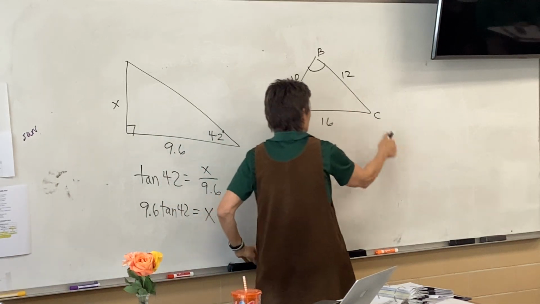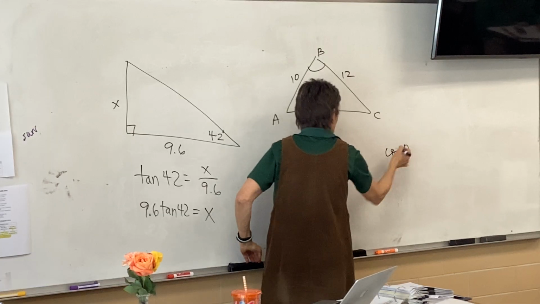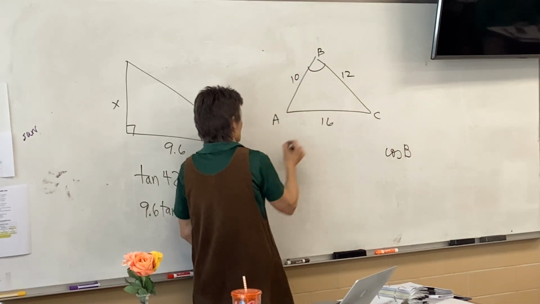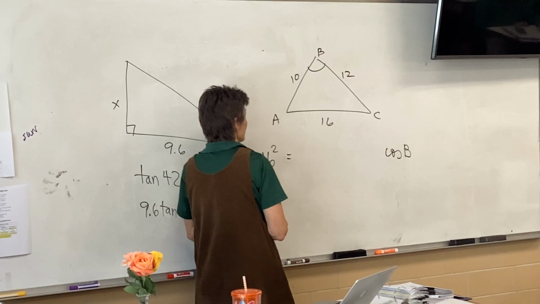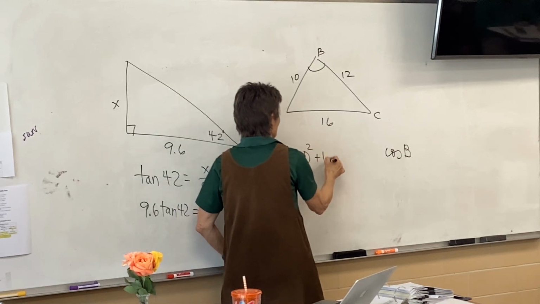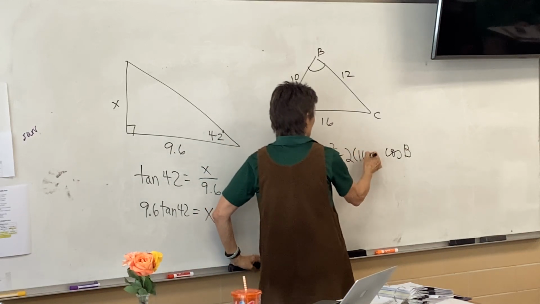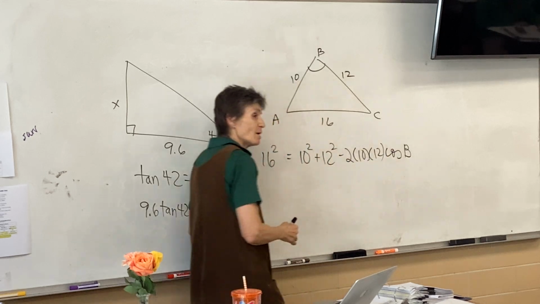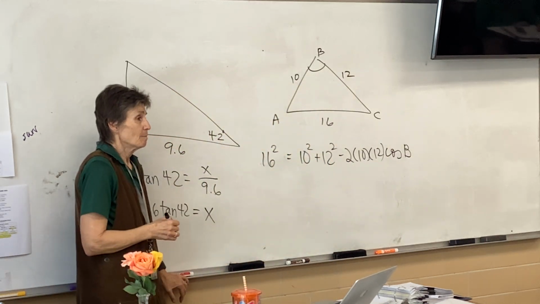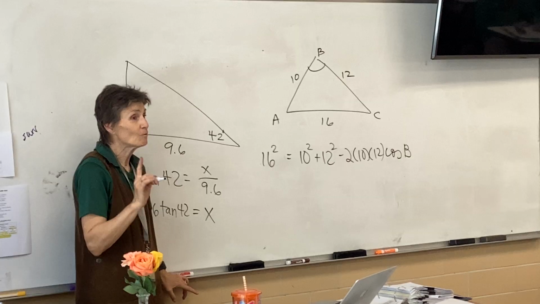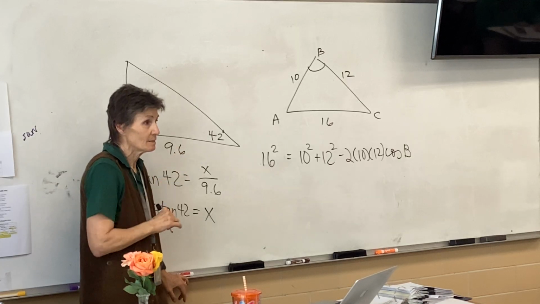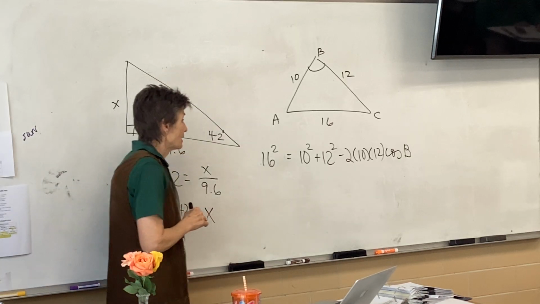So, we're doing angle B, so cosine B is out here. 16 squared equals 10 squared plus 12 squared minus 2 times 10 times 12 cosine B. Remember that? That's what we review for, so we can go back and study.